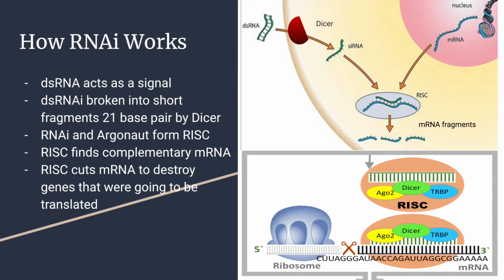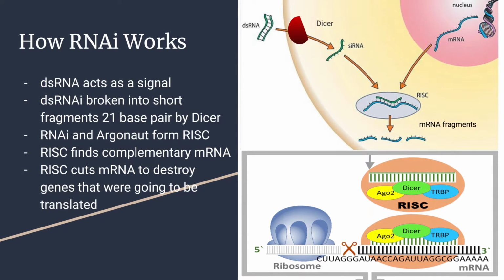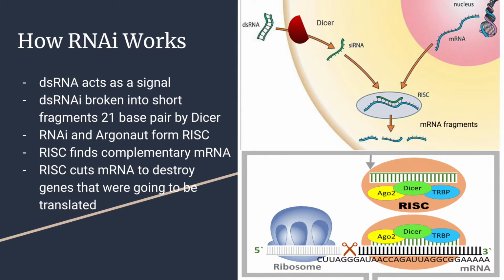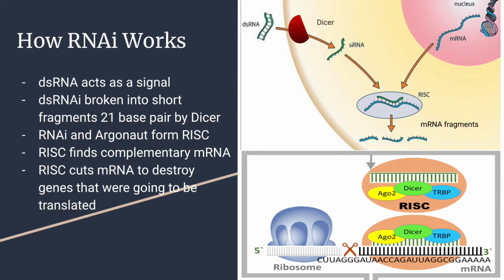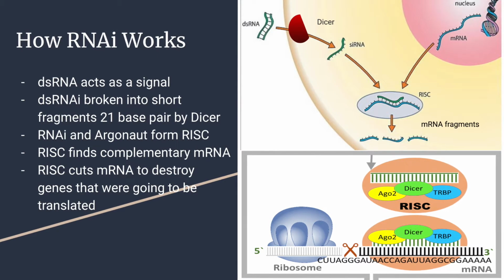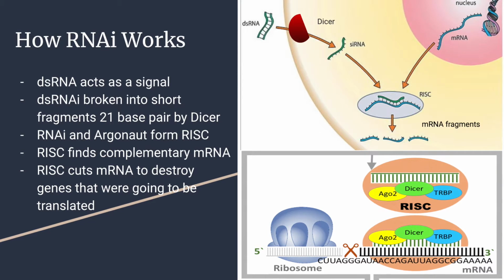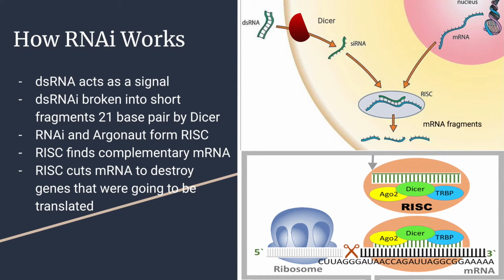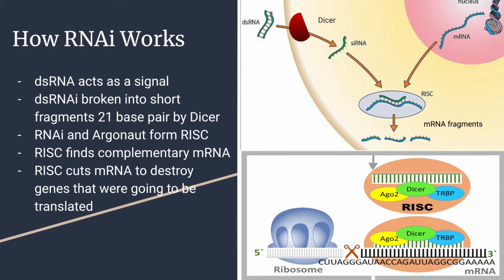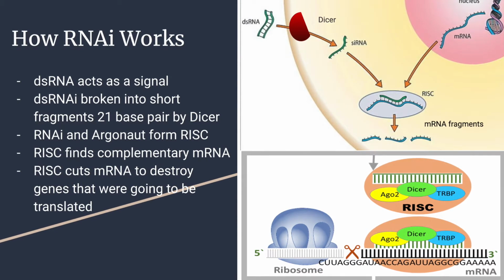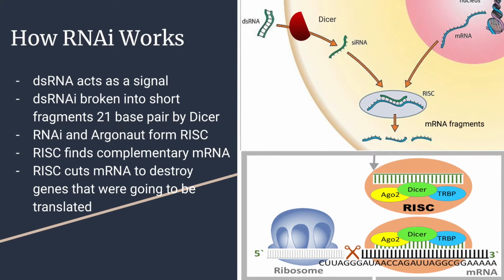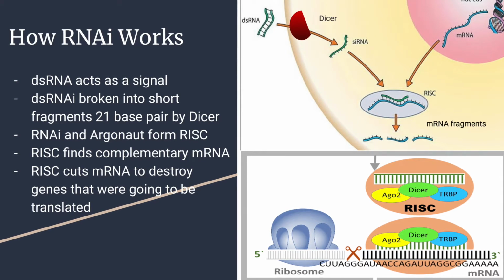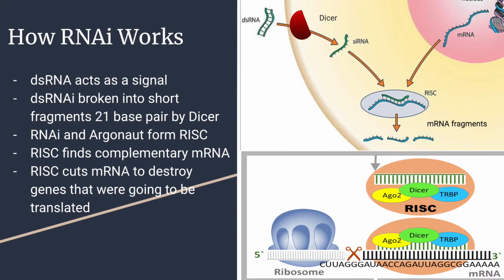RNA is usually single-stranded, so this double-stranded RNA is unique, and it's specifically made, genetically engineered, to be complementary to a sequence of nucleotides that make up a gene that we're looking to target and shut off because we don't want this gene to be transcribed. So this double-stranded RNA is introduced to the cell, and this acts as a signal to attract dicer, an enzyme that cuts it into small pieces and cuts it into single strands as well.